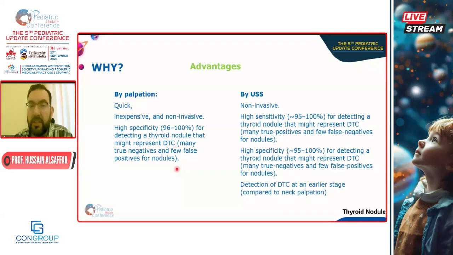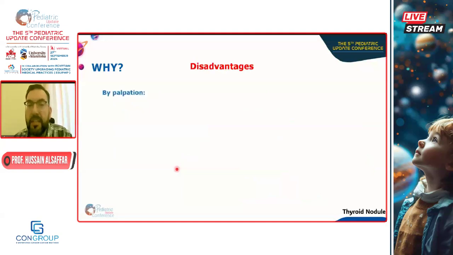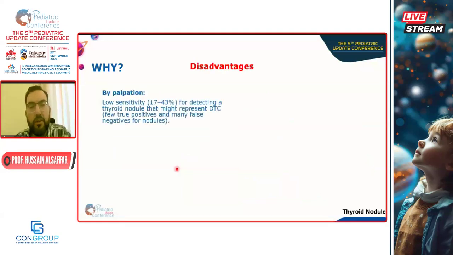So there are advantages. But what about the disadvantages? The disadvantage of neck palpation as surveillance is that it has low sensitivity for detecting thyroid nodules that might represent differentiated thyroid carcinoma. That means we might have few true positives and many false negatives for nodules.